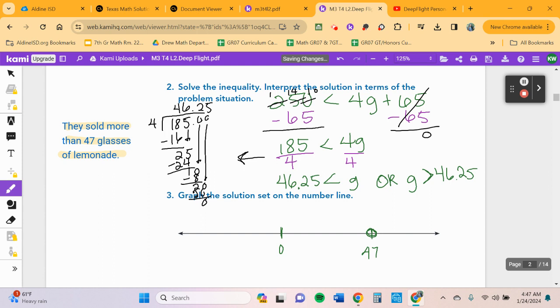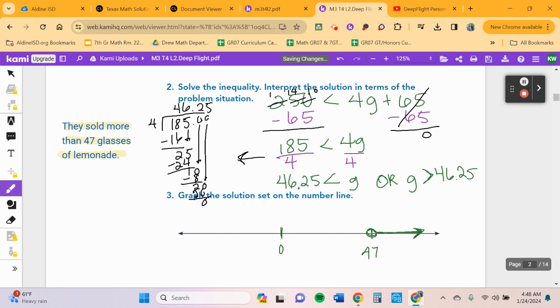If G is greater than 47, where are those numbers on the number line? Are they to the right or to the left of that 47? I hope you went and graphed it before me, but yes, if you said to the right, you're absolutely correct. Our arrow would point to the right.